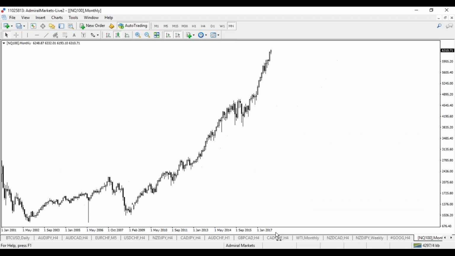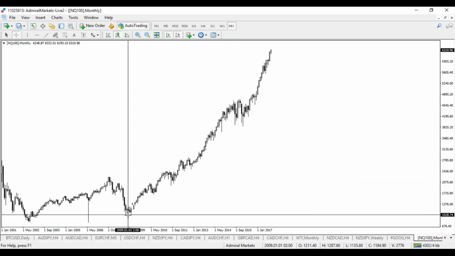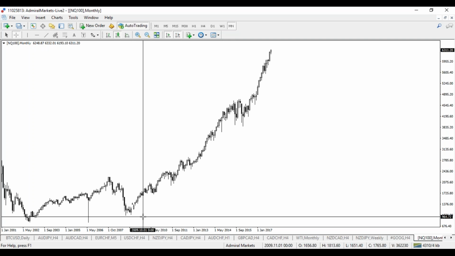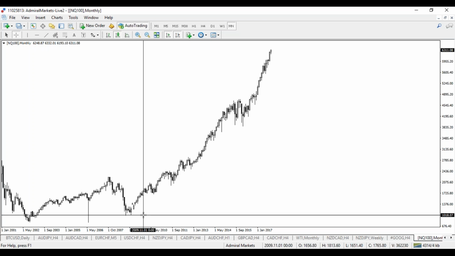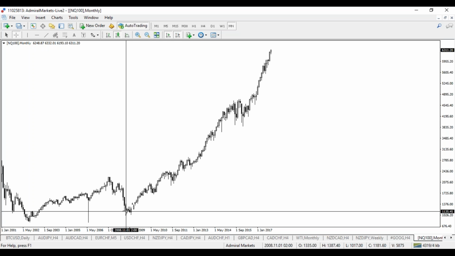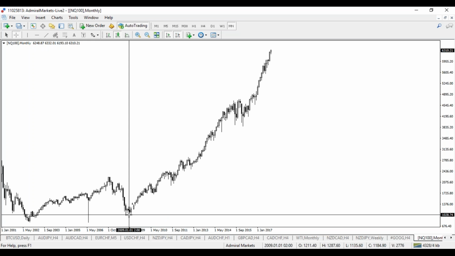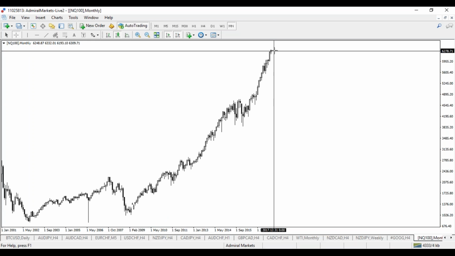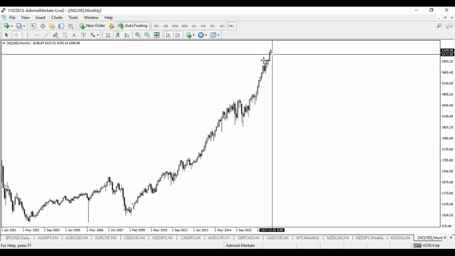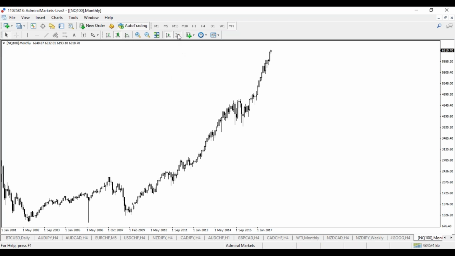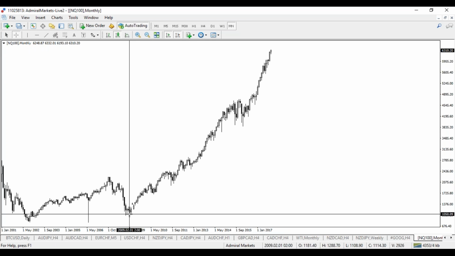Quite astonishing how specifically Nasdaq has grown. I mean, if you consider that in 2009 it was just at 1,000, just a little bit above 1,000, and now it's all the way above 6,000 over an 8.5-year period.